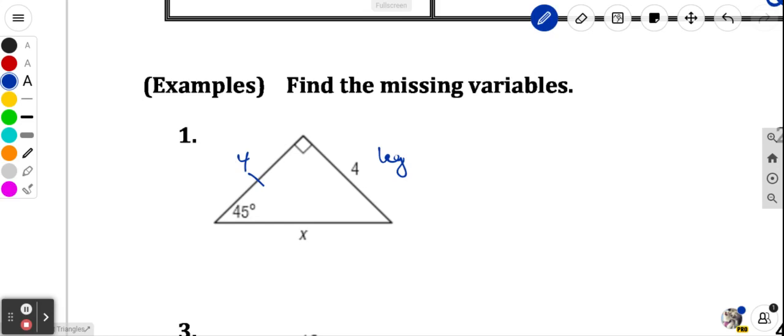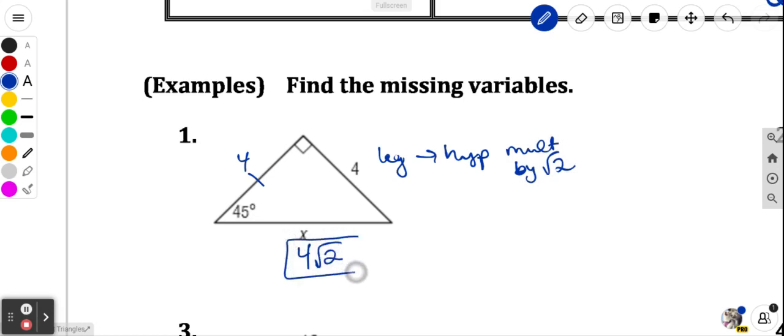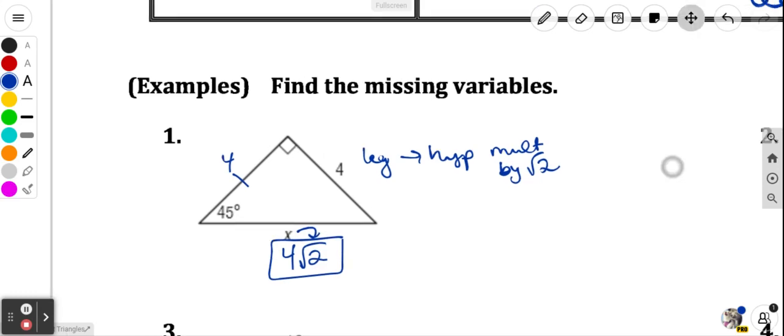To go from leg to hypotenuse, you multiply by radical 2. So there's really nothing much to this. We just do 4 times radical 2, which is 4 radical 2. That can't be simplified at all; you just stick them next to each other. That's the answer for the first one. Pretty easy.